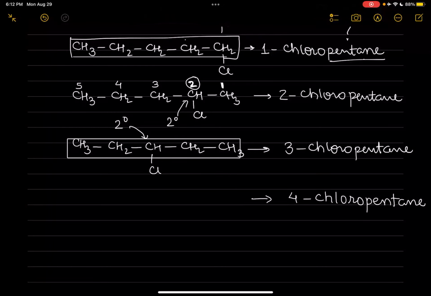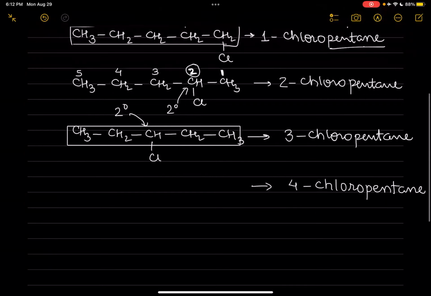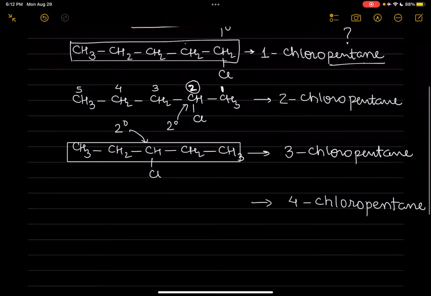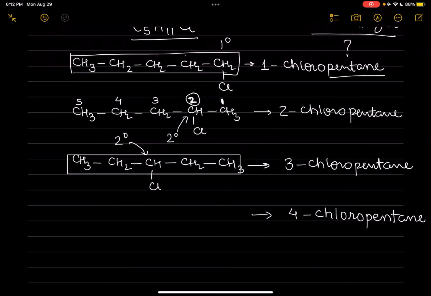There are 5 carbon atoms, so we should have 4-chloropentane and 5-chloropentane also. But we have not taken that, because the fourth and the second carbon are the same.